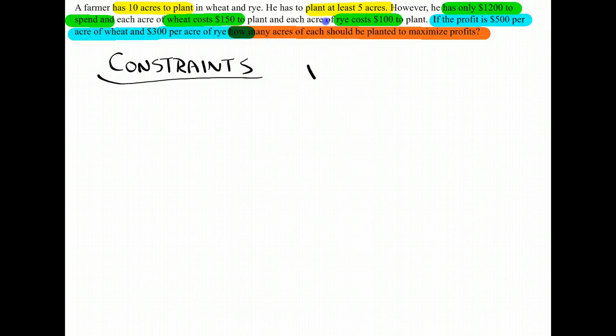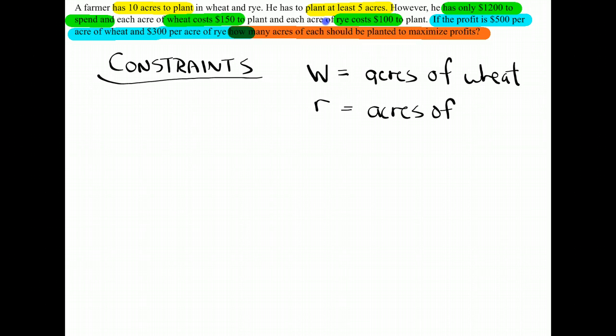So let's just say maybe W is going to be acres of wheat, and then R is going to be acres of rye, because those are the 2 things that vary, the 2 things he needs to figure out. And then there will be one other variable that's going to be P, for profit. How much money is he going to profit from whatever combination of acres of wheat and rye based on his constraints.